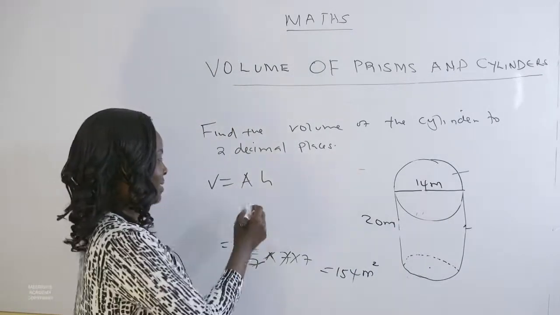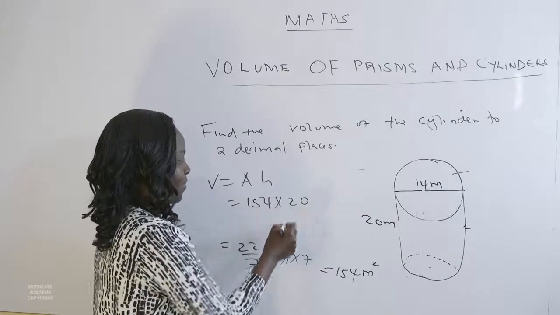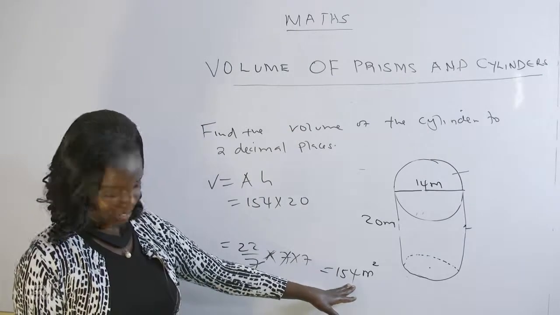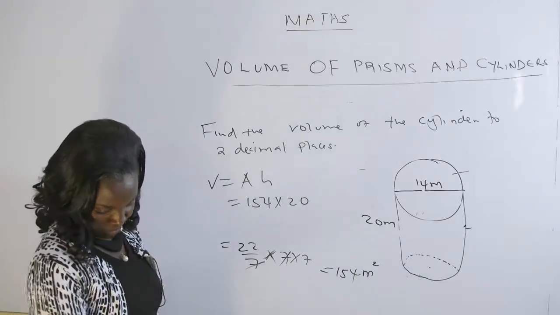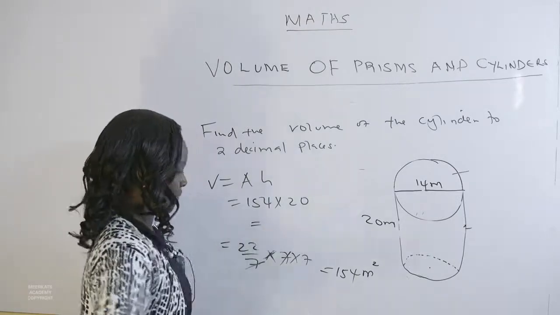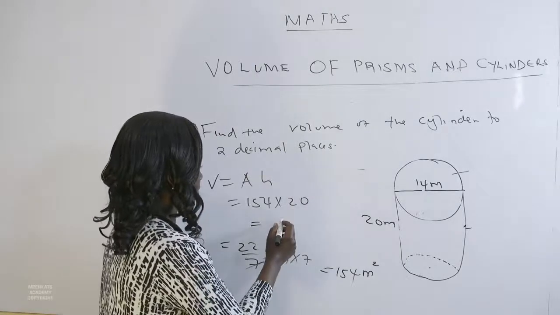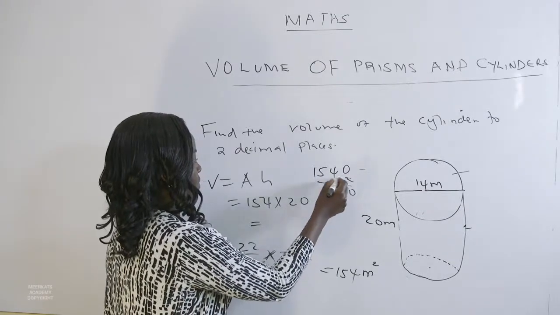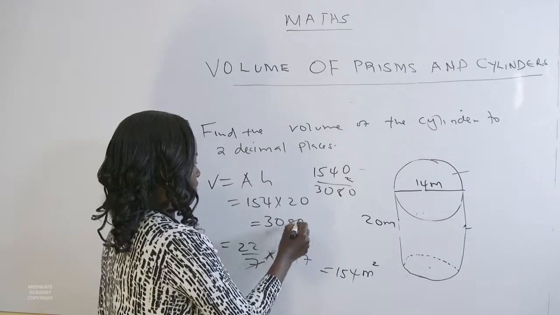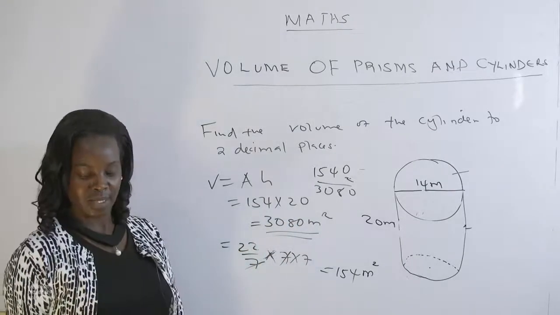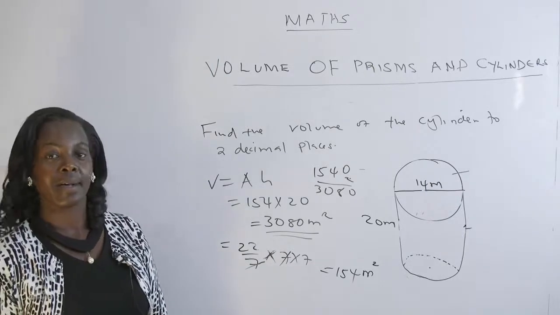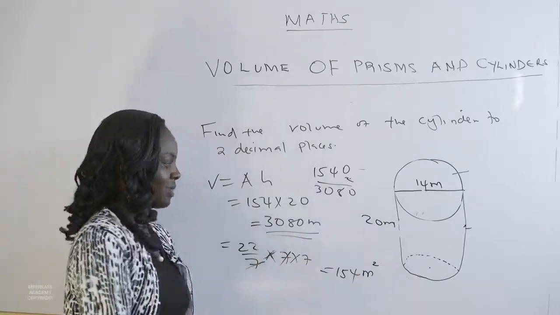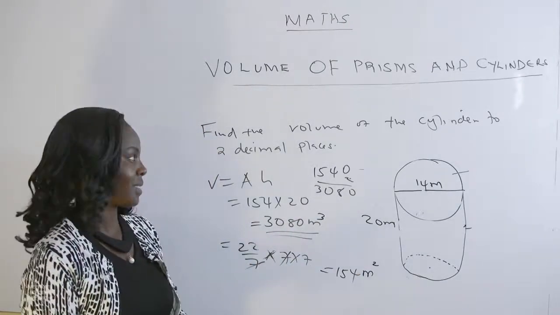Base area times the height. Base area we have calculated and it is 154. If we multiply by 20, that will give us around 3,080. That is the volume, not square but cubic meters.